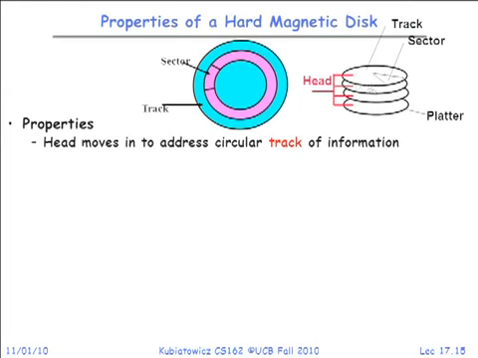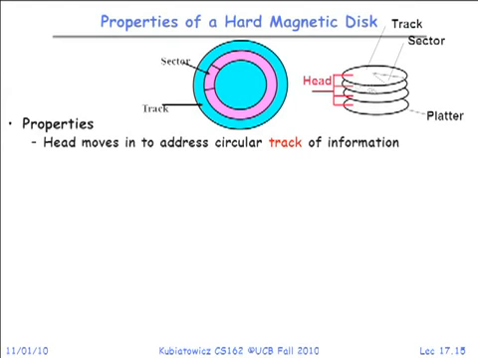So the sector is the independently addressable element, and oftentimes the operating system will take the sector, which is the smallest thing a disk can read or write, and put a bunch of them together and call it a block. So when we talk about a block, that may be more than one sector off the disk. If we say this paging system has 4K blocks, it could be that the blocks on the disk are 1K or 512 bytes.